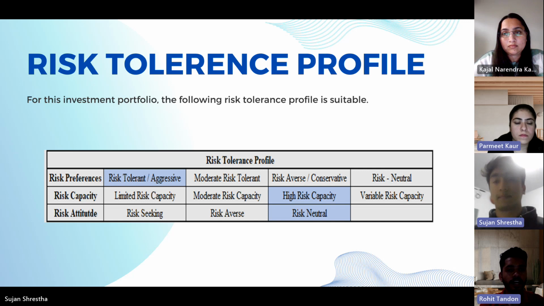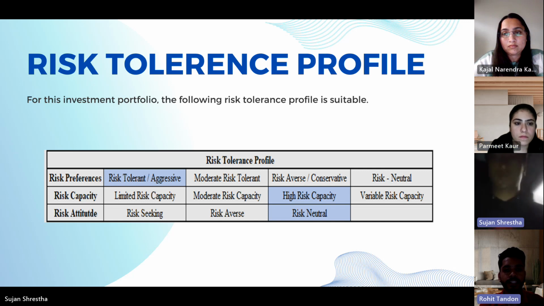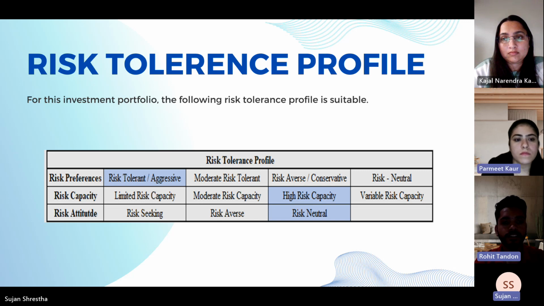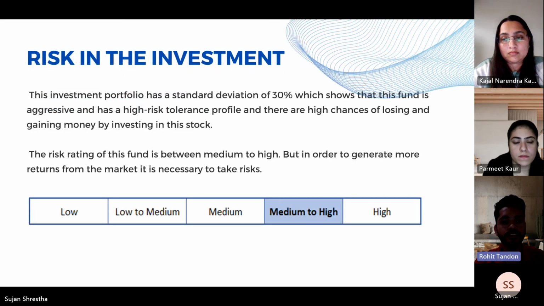Thanks, Sujan. I would like to explain about the risk in this investment portfolio. We all know that all the investments in the stock market are subject to market risk. There are always two sides while investing, whether there is a loss or profit. This investment portfolio has a standard deviation of 30%, which shows that this fund is aggressive and has a high risk tolerance profile, and there are high chances of losing and gaining money by investing in this stock.